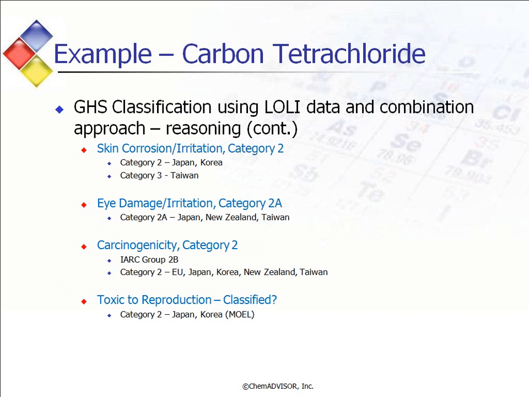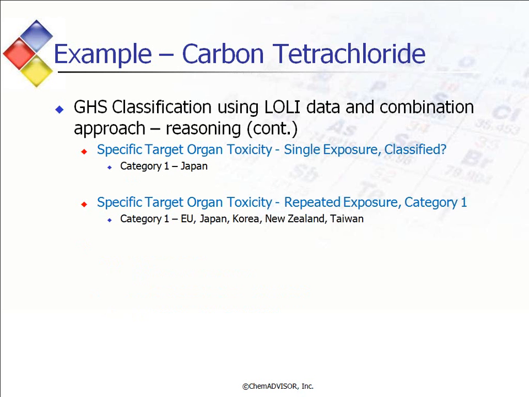These slides summarize all of the different data that we saw on the previous slides by endpoint. And as you can see, country to country, the consistency varies. So we have a couple countries with single exposure endpoint for specific target organ toxicity. For example, Japan. In my evaluation process, if Japan is the only country that has classified for that endpoint, I would want to look for additional information and may or may not include that endpoint in my overall classification.